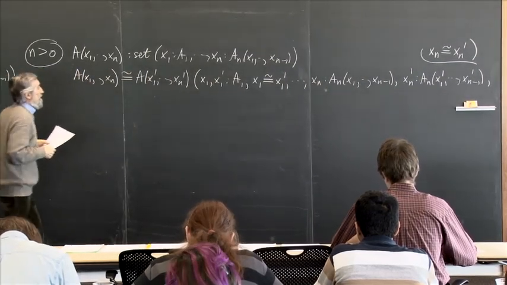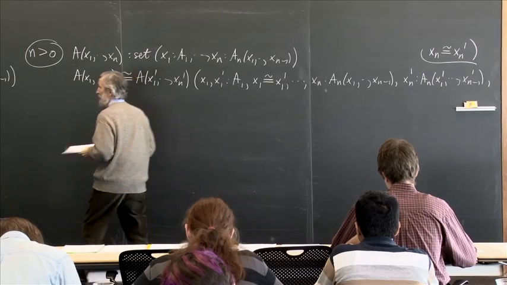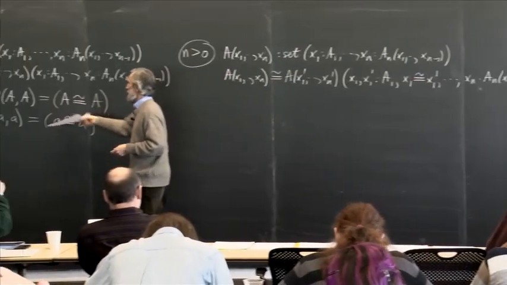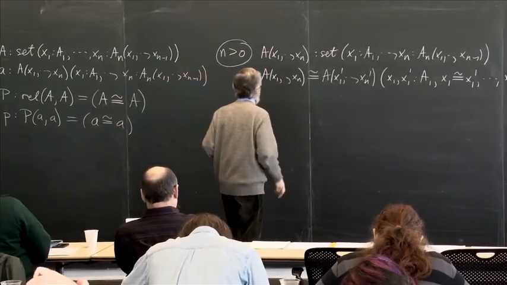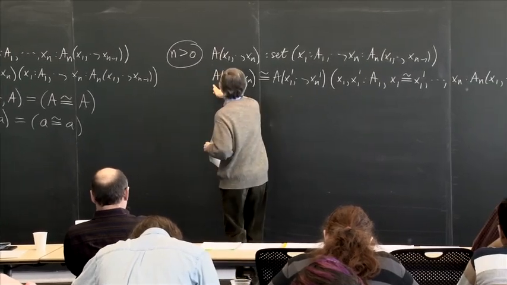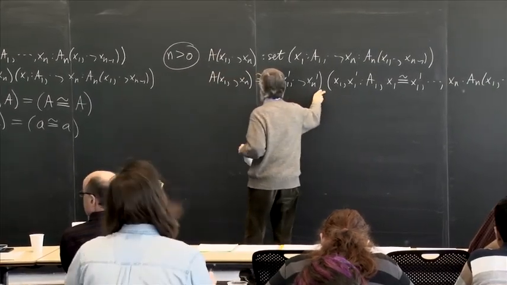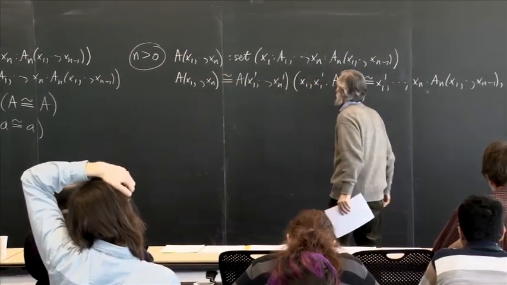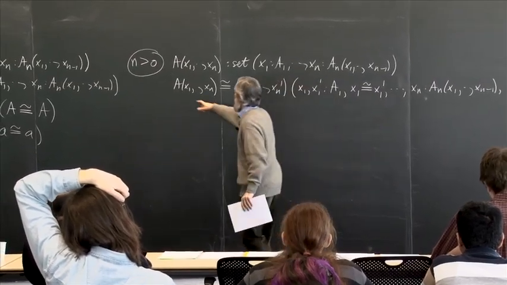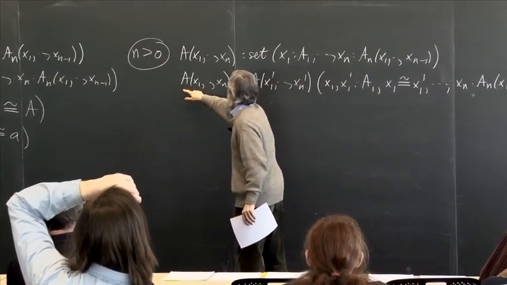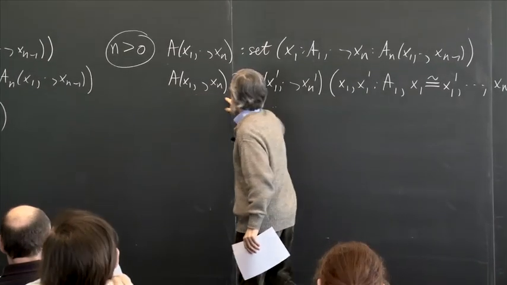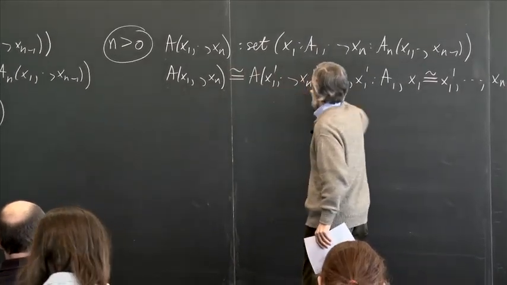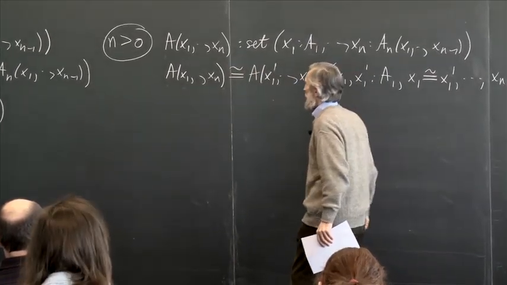And now we decipher this further in view of what I have said here in the case n equals 0. This should mean that we have a relation between a of x of these arguments and a of these related arguments.